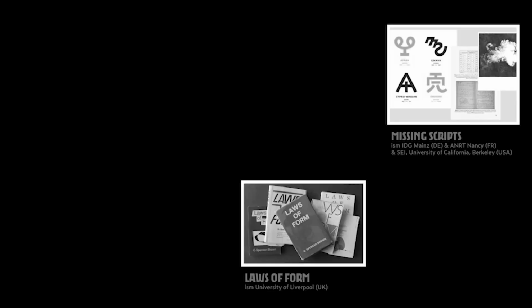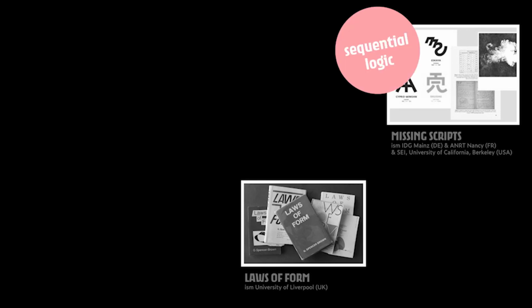So if you look at those two exhibitions that we currently have at the Alphabetum, Missing Scripts and Laws of Form, Missing Scripts is showing a very important thing. It is showing that communication is important and we have to facilitate it.